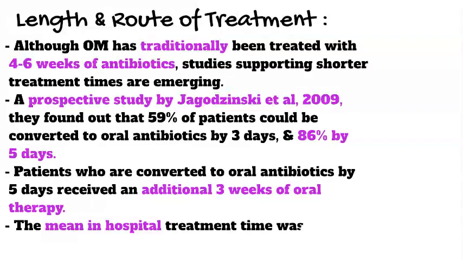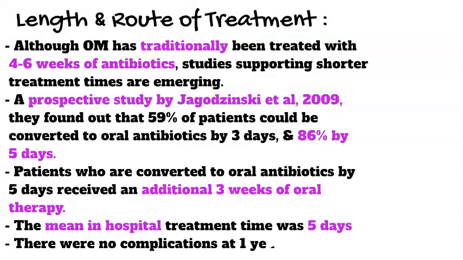Patients who were converted to oral antibiotics by 5 days received an additional 3 weeks of oral therapy. The mean in-hospital treatment time was 5 days. There were no complications at 1 year follow-up.